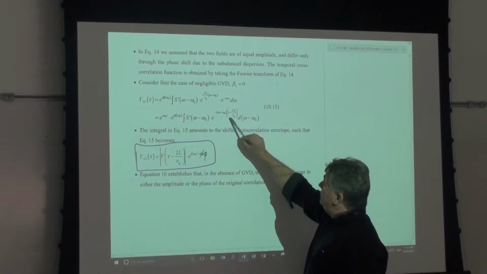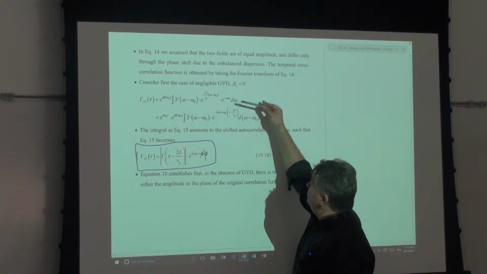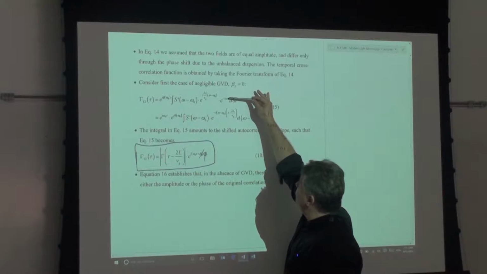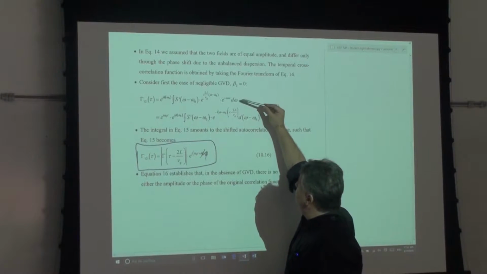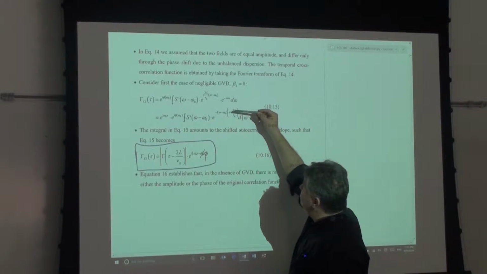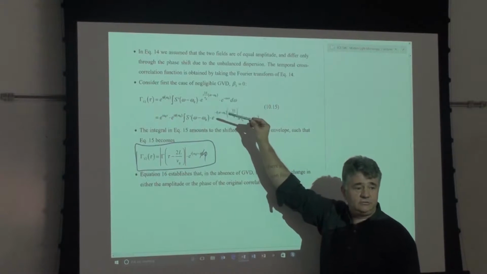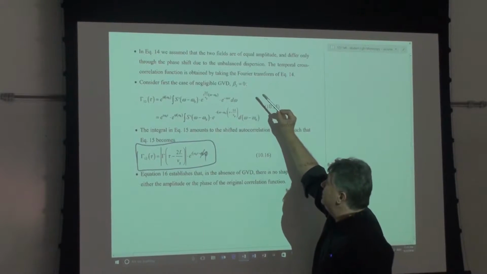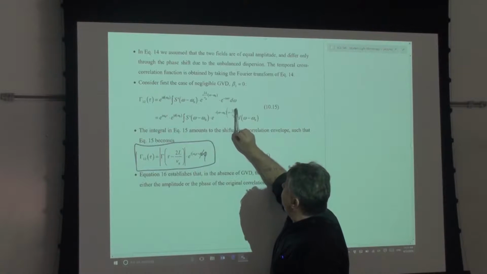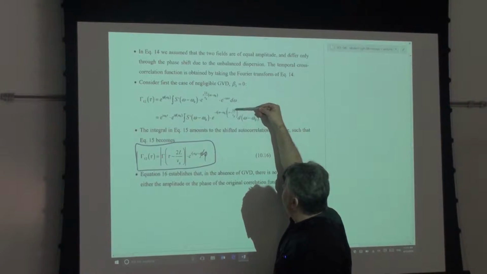If we change the variable into omega minus omega naught, and I put the tau over there, I notice that I have omega minus omega naught, and my tau becomes tau minus 2L over Vg. So take a minute and do this by yourselves to convince yourselves, right? Basically, if I factor out omega from here and from here, I will get the tau minus something.